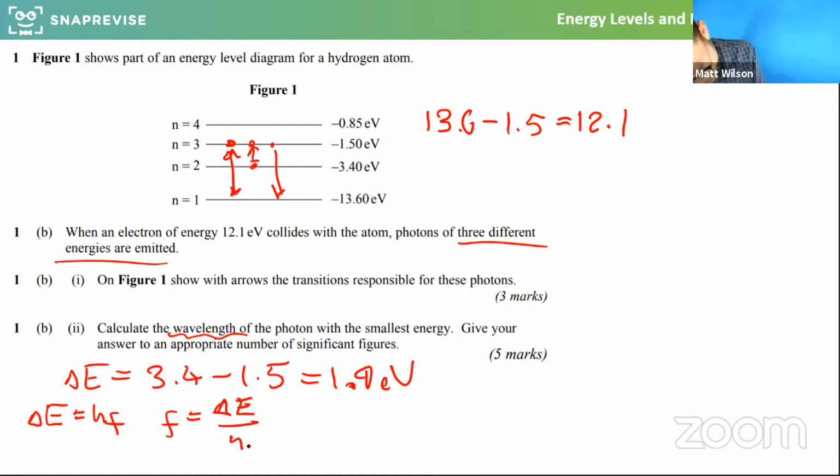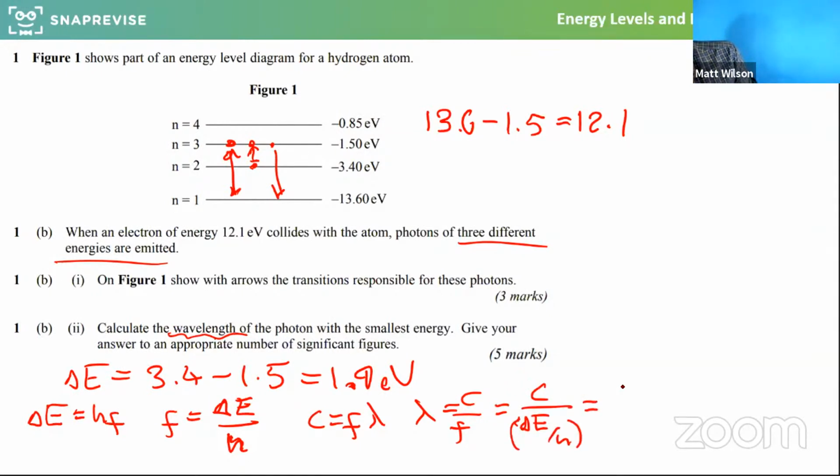Then we'll use the fact that the speed of light is equal to the frequency times the wavelength, so the wavelength would be equal to the speed of light divided by the frequency. If we put these formulas together, the wavelength would be equal to c over the change in energy over Planck's constant, which is just Planck's constant times the speed of light divided by the change in energy.